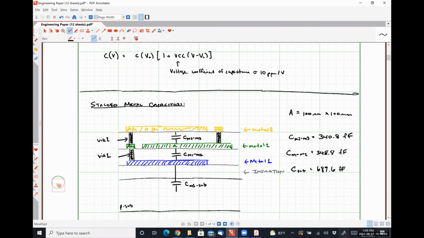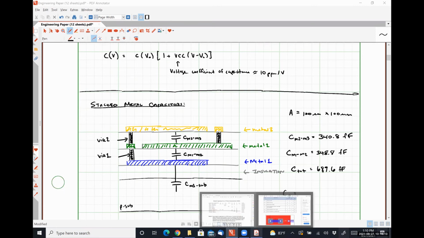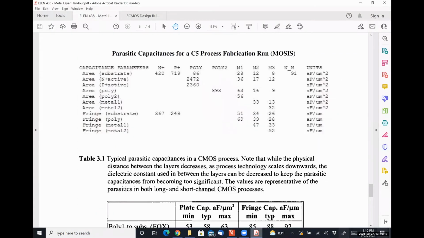For our substrate, so this is our parasitics, right? It's formed between the metal 1 layer and the substrate. So technically this should be a little bit larger because there's actually a little more area of overlap, but just as a rule of thumb, let's look at what this is going to be. Between our substrate and our metal 1, we have 28 attofarads per micron, so 28 times 100 squared.